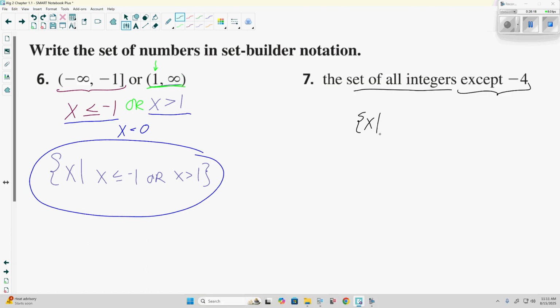So we have our brace x, element of the integers. Yep, so our Z with an extra line, saying that we're talking about the integers. For all x in the integers, such that, what?